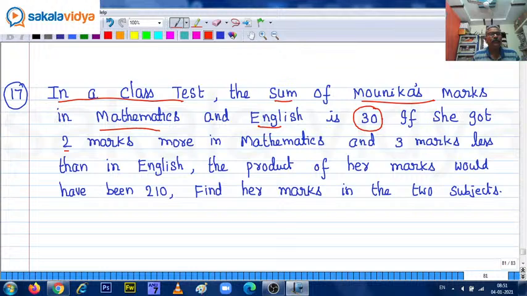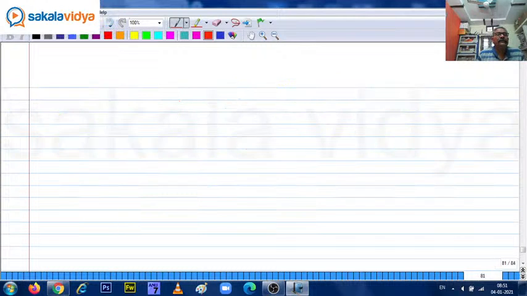If she got 2 marks more in mathematics and 3 marks less in English, the product of her marks would have been 210. Then find individual marks. Her marks secured in mathematics as well as English need to be evaluated here. So first let us solve it now.